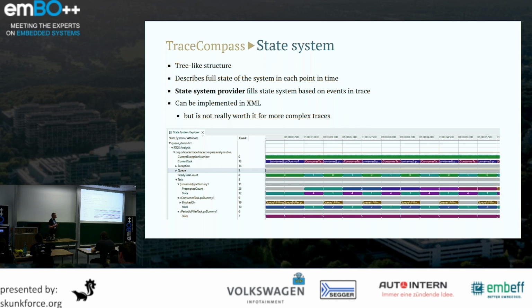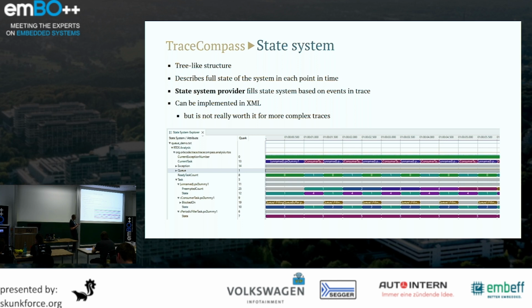It is built around a tree-like structure that you can see here, with each node in the tree being assigned a value at some point in time. And these colorful blocks are marking the places where this node in the tree is staying at the same value.